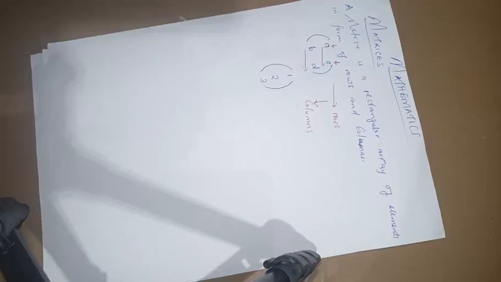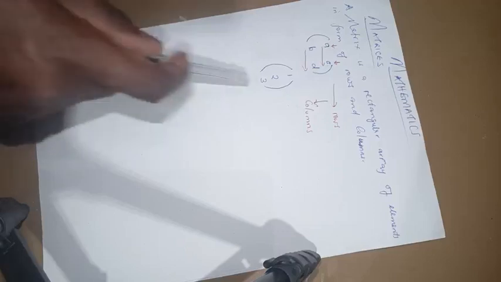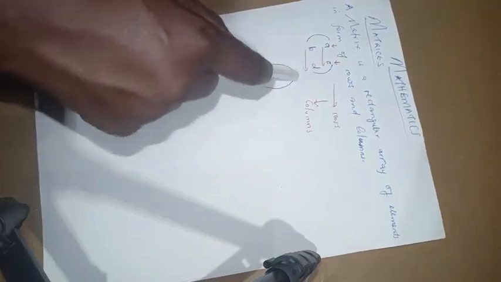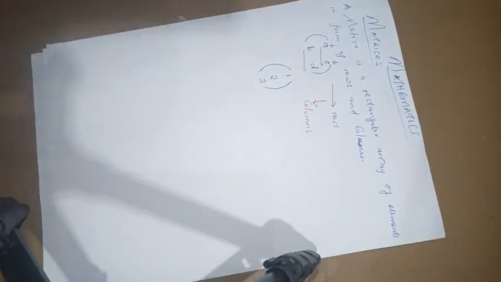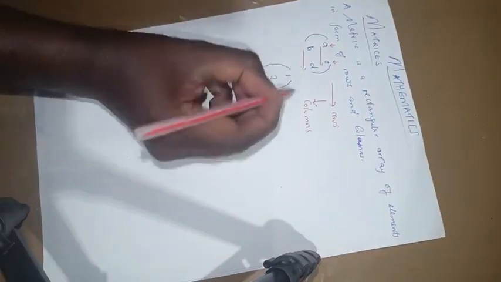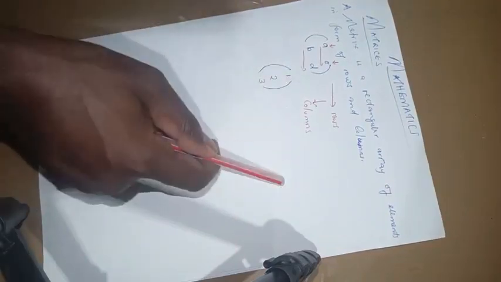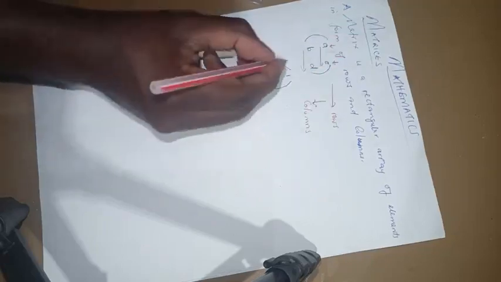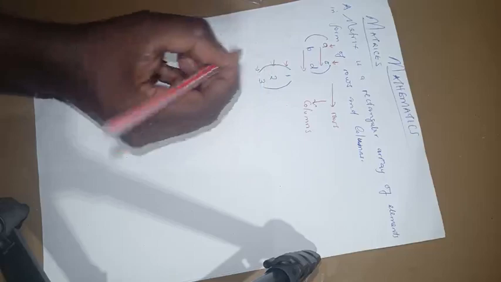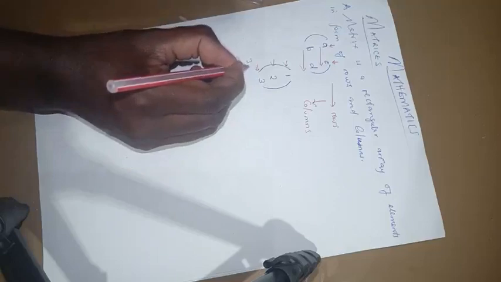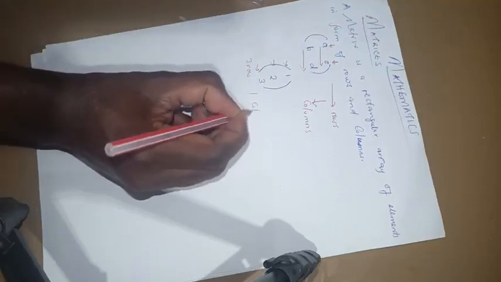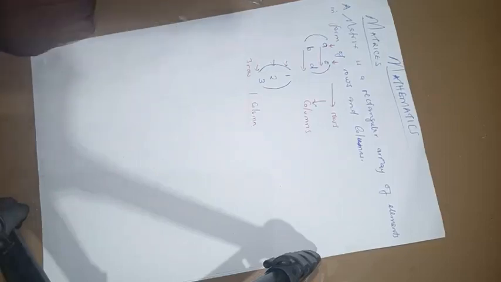Since it is one, we have one column. Now, how many lines do we have going horizontally? Here we count line number 1, number 2, number 3. So we have 3 rows and 1 column. So this is 3 rows, 1 column.